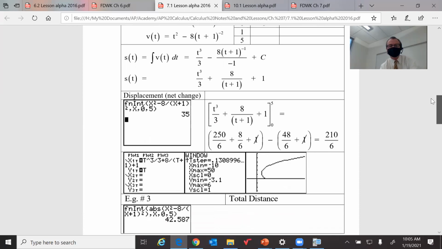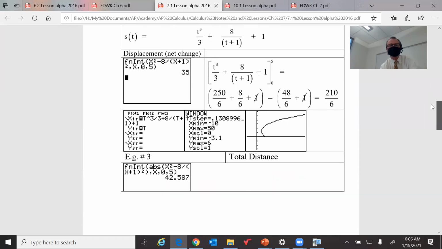Well, what's displacement? Displacement is just anti-differentiate this thing. Oh, but you didn't write the constant. Well, the constant is going to subtract every time. Here's the work. When we go from 0 to 5, put 5 in here for t, subtract, put 0 in there. The constant's a 1.